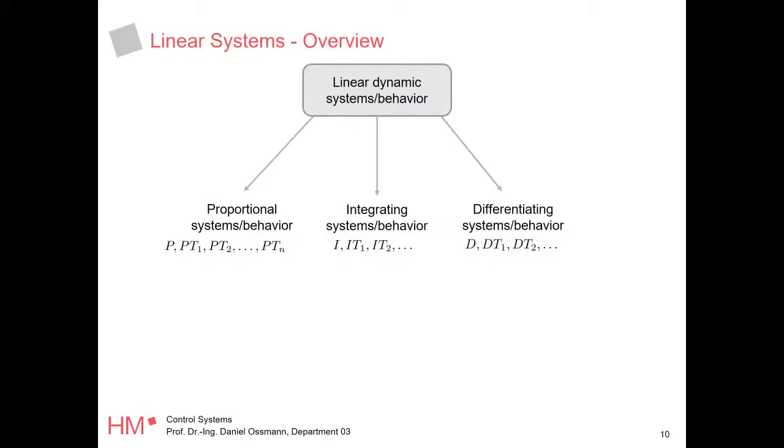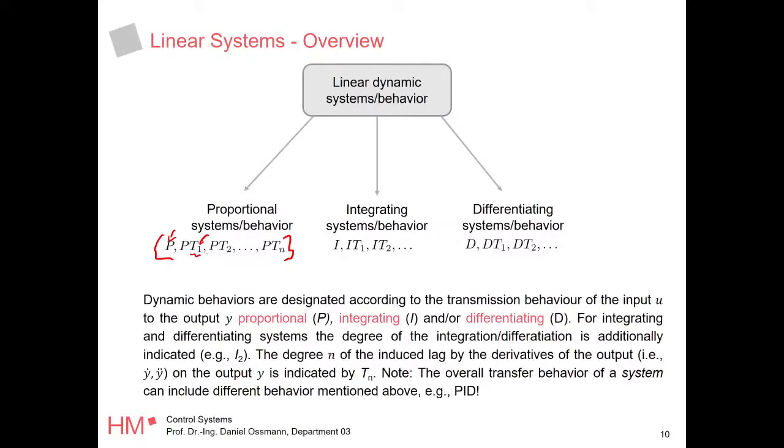Okay. For short notations, we're going to use this here. If it's proportional, we're going to say P. If it has some lag or delay, we're going to use these guys here. What this all means is standing in here. So the important thing is, if it is proportional, integrating, or differentiating, it just depends on how the input is processed to the output.